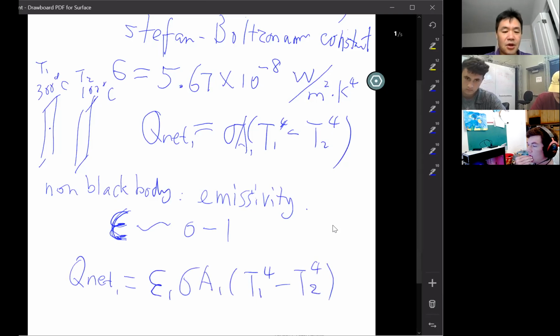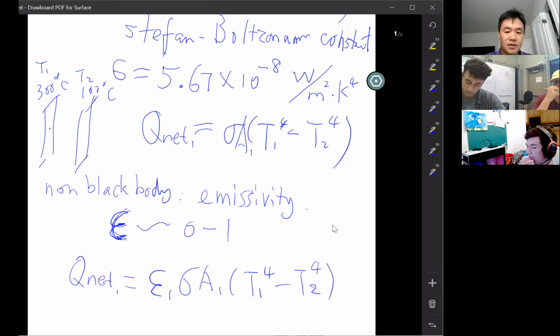Okay, so what does epsilon equals 1 mean? And then what does epsilon equal to 0 mean? Something to do with the efficiency?